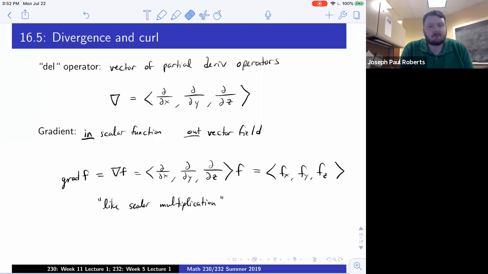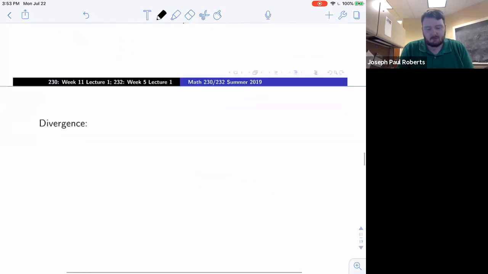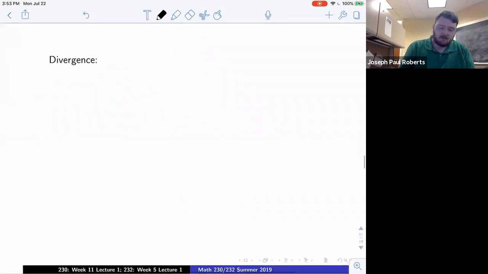Okay, and so these concepts of divergence and curl are going to be similar to this. And as you might guess, they're going to be like the dot product and like the cross product. So let's do divergence first. The divergence is something whose input is a vector field and whose output is a scalar function.